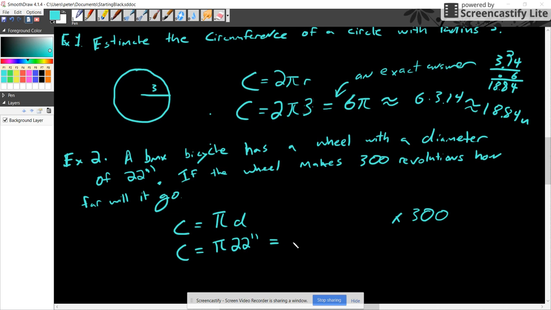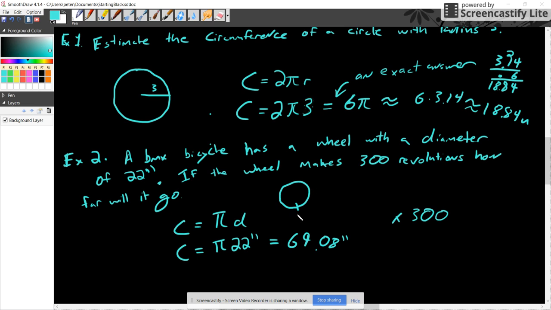I've done this work. It's actually in your book. 69.08 inches is my circumference. So if I were to walk around with the tape measure around the wheel, it's 69.08 inches from here back to the starting point.